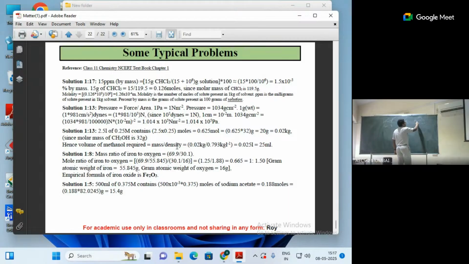So the number of moles of H2SO4 is 15/98, and the density is also given.